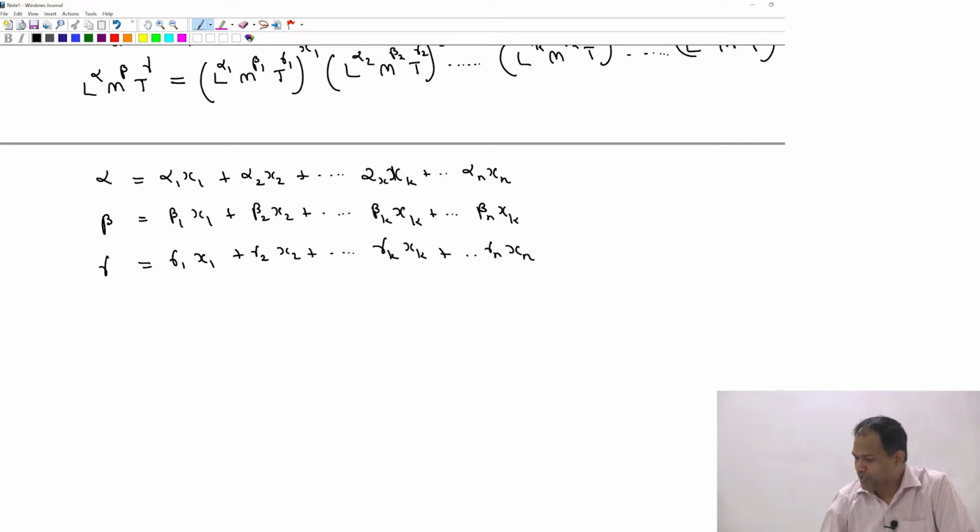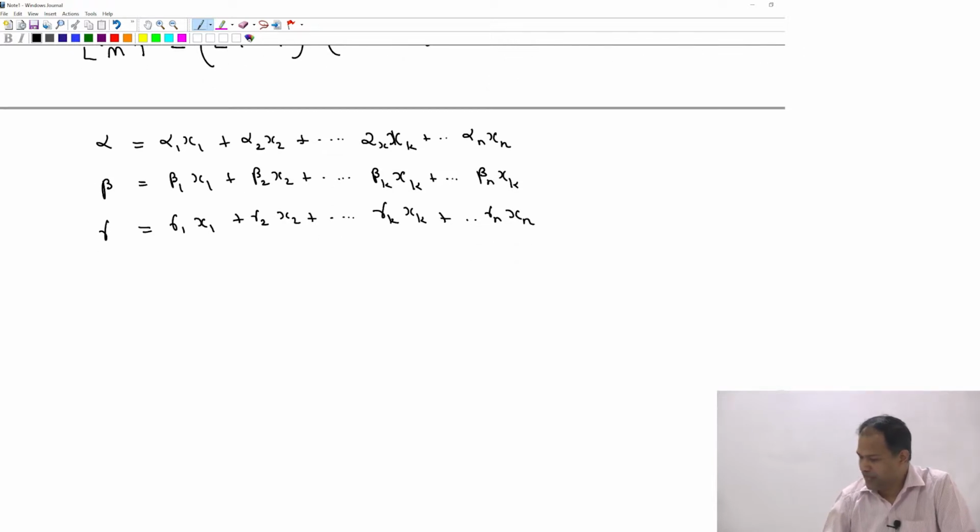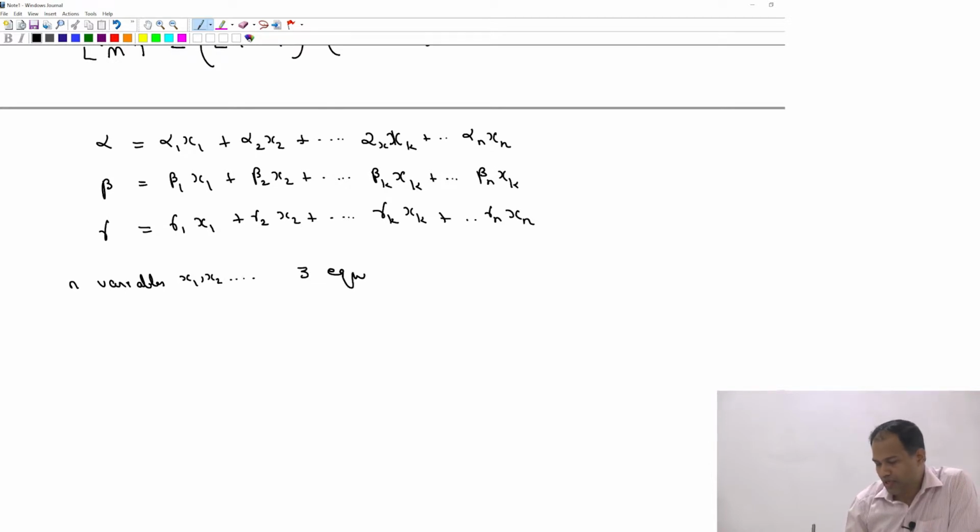So, if you look at it, what is this? We have n variables which are x1, x2 and so on, and we have got three equations, right? So that means I can select n minus 3 variables independently and then that will fix the rest of the 3 variables.